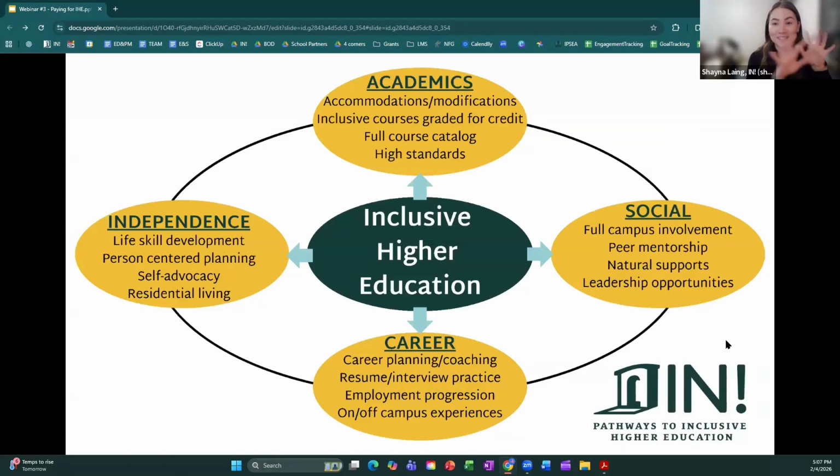So we've got peer mentors in these programs that organically and normatively support our students across campus and in their career experiences. We also have staff members that are working with them on their academics and those modifications and placement in meaningful internships and job experiences. So they have lots of support involved in these inclusive higher education programs because we want to see our students succeed and thrive and reach their goals in all of these areas.